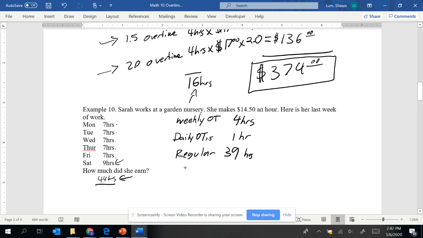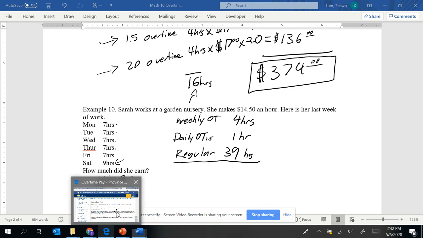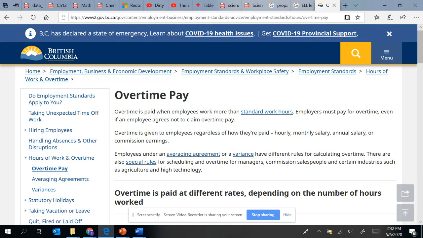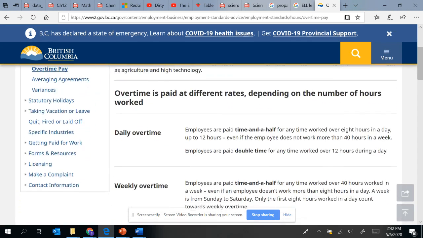Now, if you're wondering, I don't think that's right, we're going to go to this web page. Here's the BC Employment Standards guide about overtime pay. It says, how is overtime calculated?